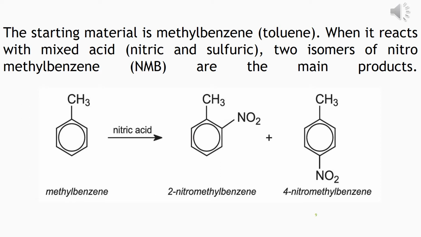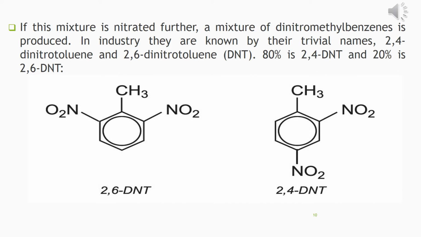One isomer is 2-nitromethylbenzene and the other isomer is 4-nitromethylbenzene. So the first reaction is the nitration of toluene, giving two isomers in the product. If this mixture is nitrated further, what will be formed? After the mononitration, dinitromethylbenzene will be produced.